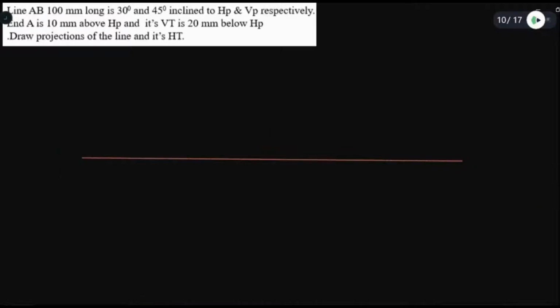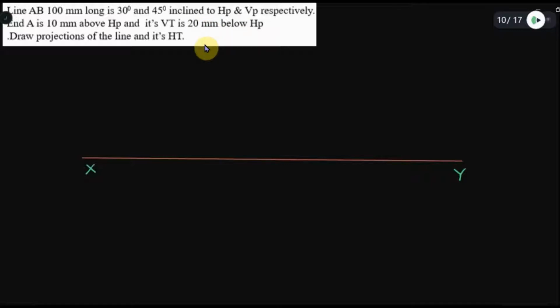Let us mark this XY, and thereafter we will mark VT and try to get the locus of A dash. So this is XY. We will start from the information of VT now. Unlike the earlier cases, VT is 20 mm below HP.